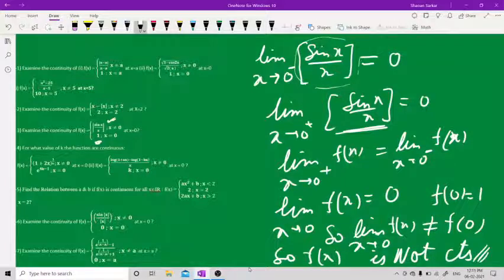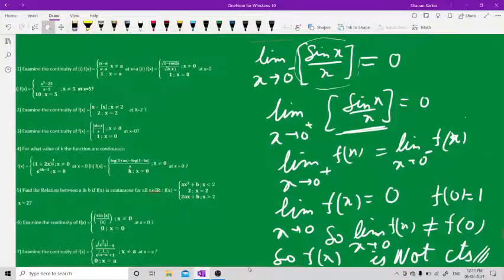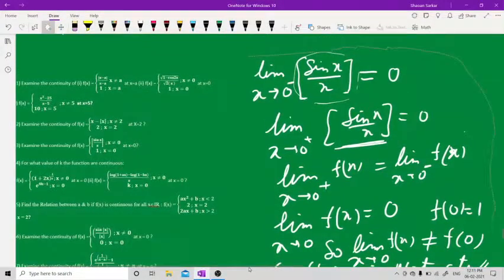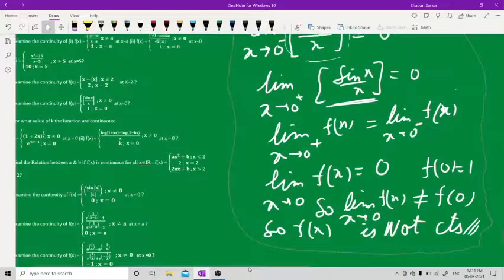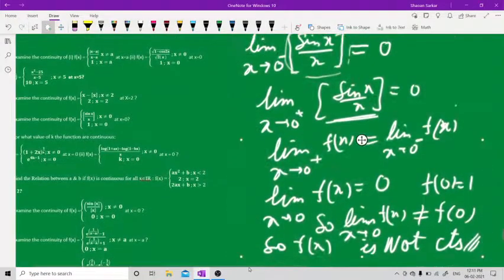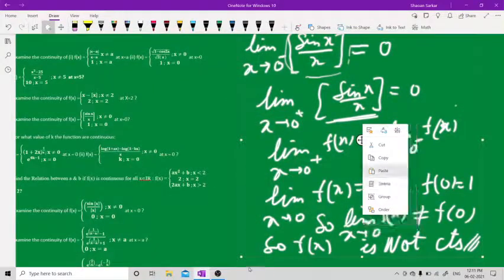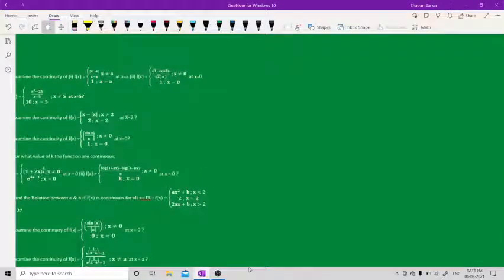Okay, fine. Now let's rub this and take the next one. Wait a minute, let me remove this portion. Now you can see this question.